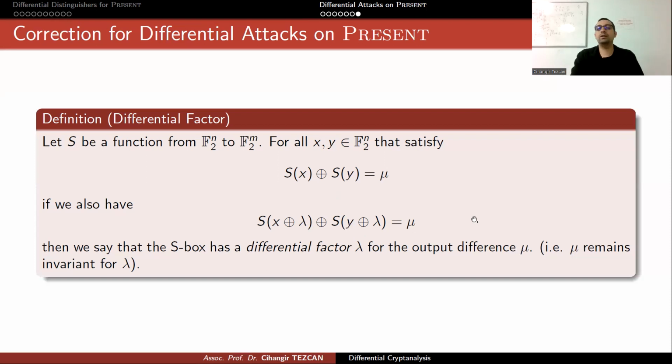This would mean that when you increase the counters, the correct key, but also the correct key XOR lambda, will have the same counter whatever you do. Increase the number of pairs, perform the experiments with different pairs, it doesn't matter. The counters will be the same because here XOR with lambda does not affect the output difference.